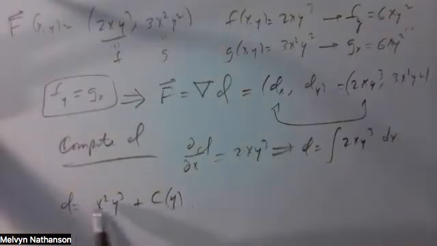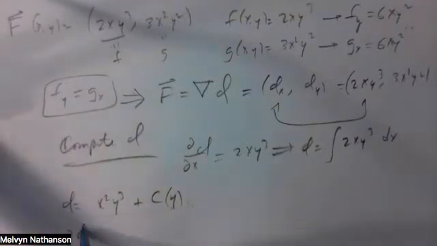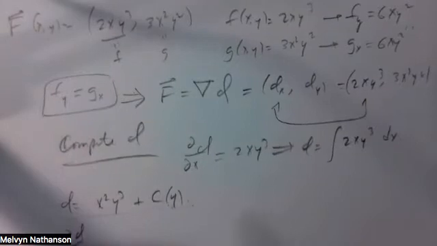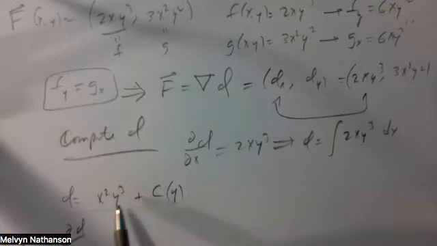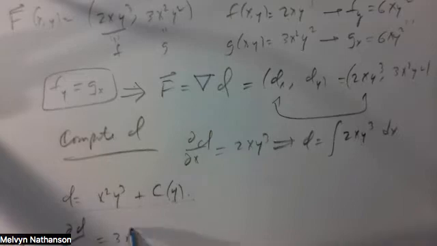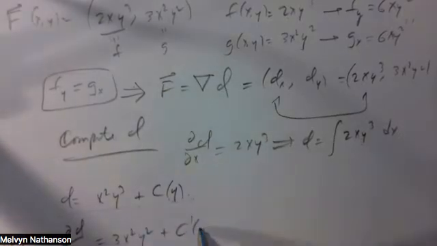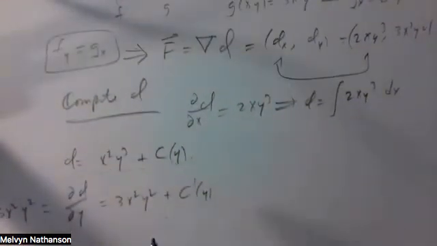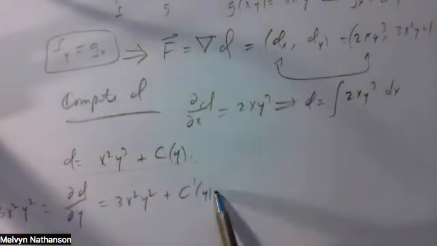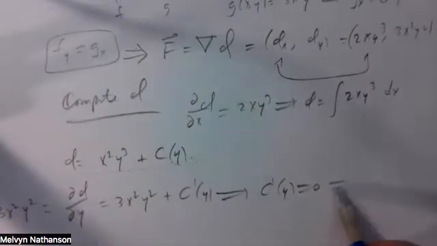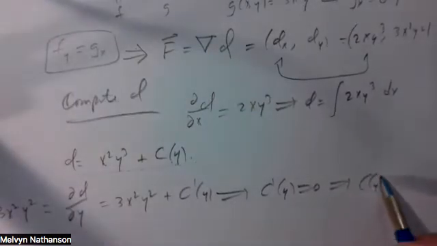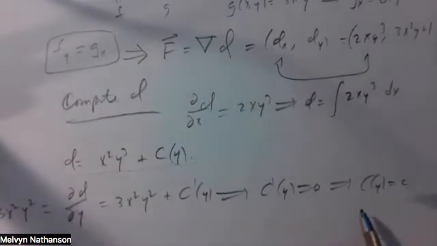But then if this is phi, then the partial of phi with respect to y, which we know is 3x squared y squared, if you differentiate this with respect to y, you get 3x squared y squared plus c prime of y, which means the derivative of c with respect to y is 0, which means c of y is some constant c.